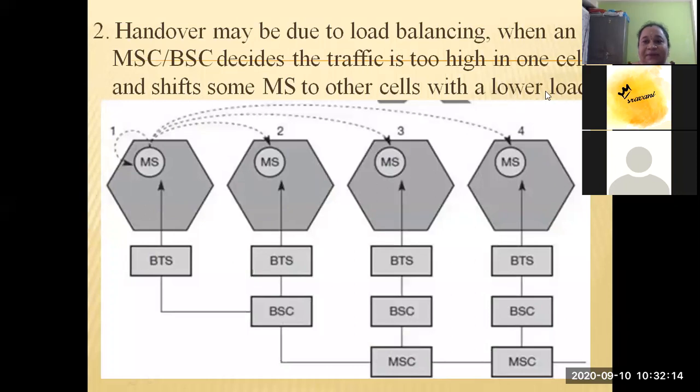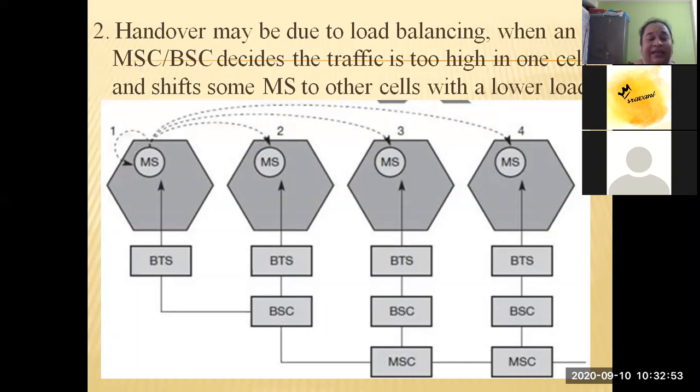The next reason is that the handover mechanism changes whenever there is heavy traffic on the BSC or the MSC. If the base station controller or the mobile switching center has a heavy rush on it, that is, heavy traffic at that moment, then you have less chance of establishing the connection between the two mobile stations, and there may also be less chance of getting full energy in transferring your signal from the source to the destination.